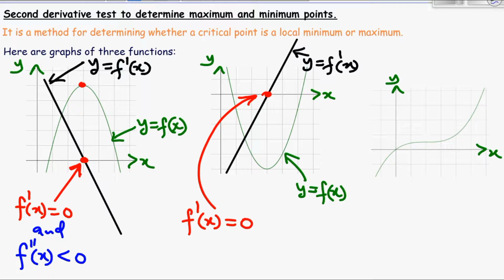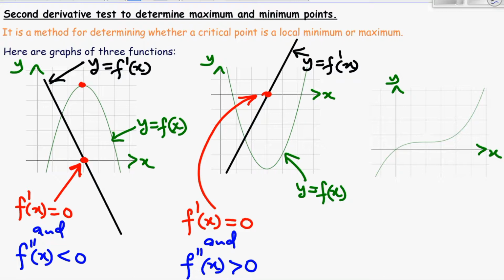So we can say that at this point, the gradient of the gradient function is greater than 0. It's positive. Let's carry on to the last graph.